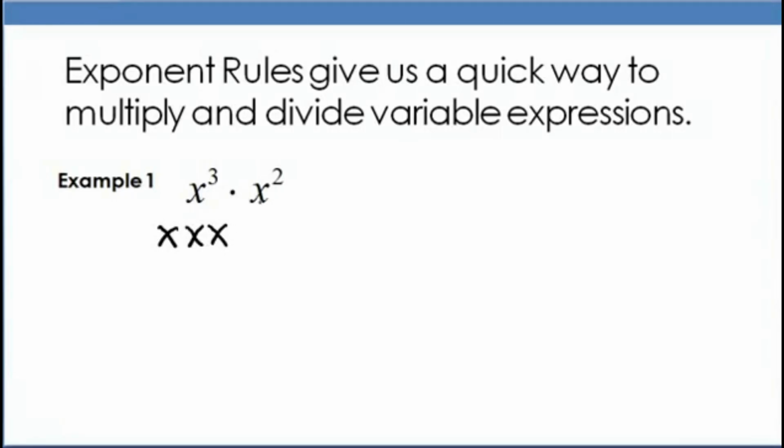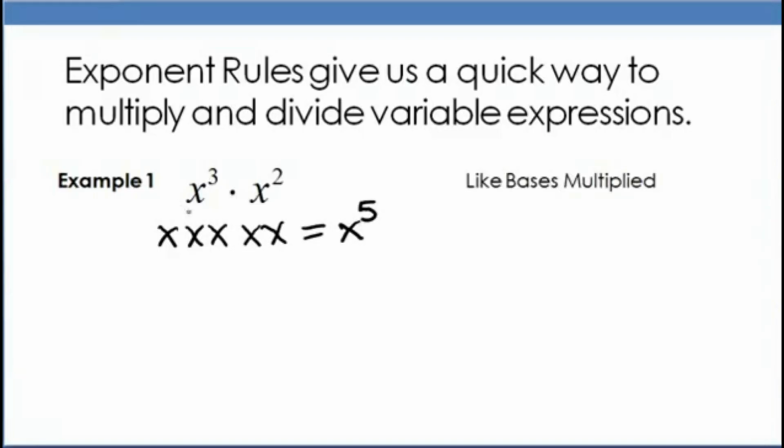If we write out what x squared means, it is x times x. Now, if we put this back into exponential notation, x is our base, and we have 5 copies, so 5 will be our exponent.